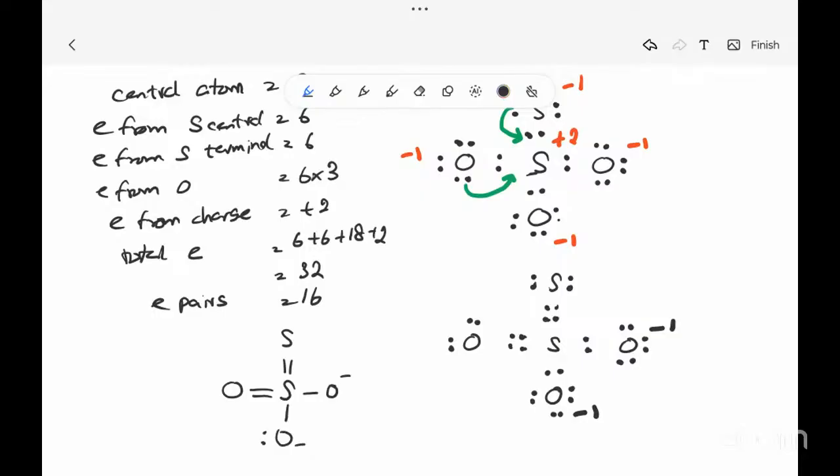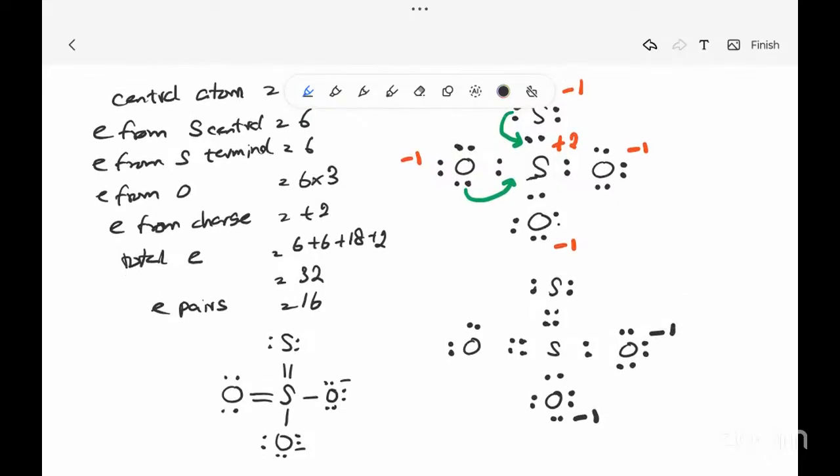So we have to place the lone pairs as well, like this, three lone pairs on each O minus, two lone pairs on the sulfur, and two lone pairs on this oxygen. So this is the structure for S2O3 2 minus, the thiosulfate ion.